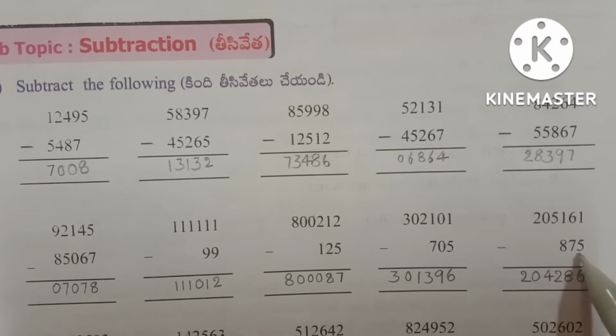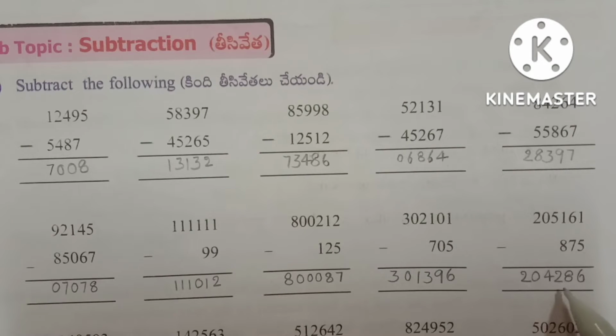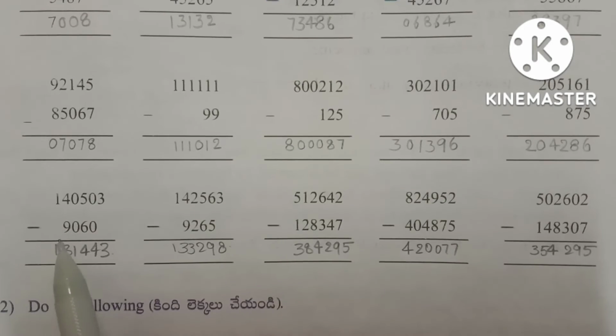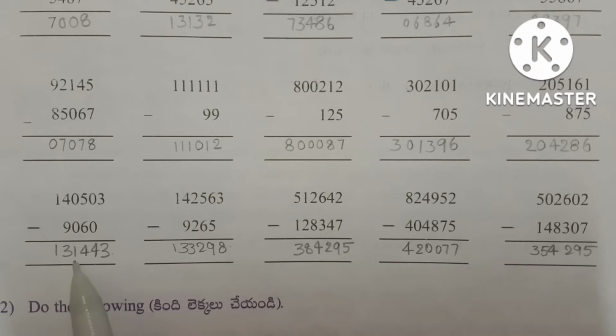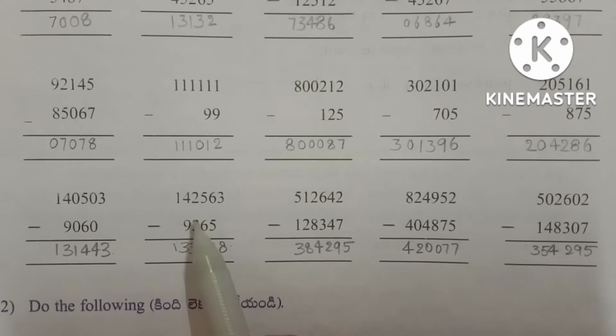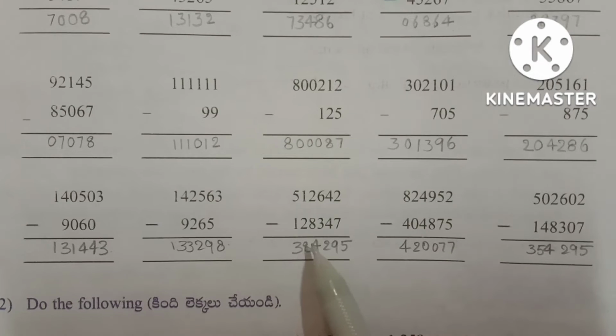Next, subtract 875 from 2,05,161. Then we get 2,04,286. Next, subtract 9,060 from 1,40,503. Then we get 1,31,443. Next, subtract 9,265 from 1,42,563. Then we get 1,33,298.